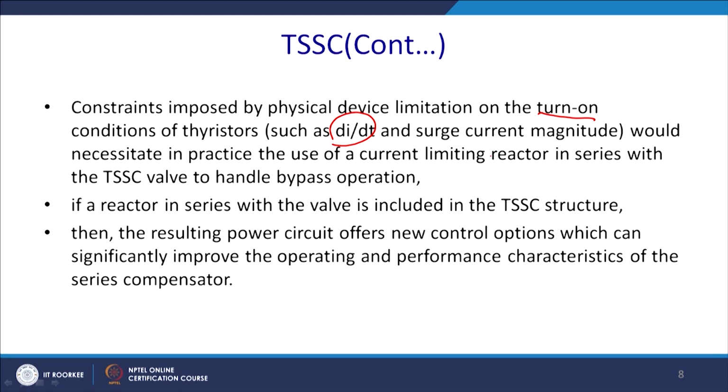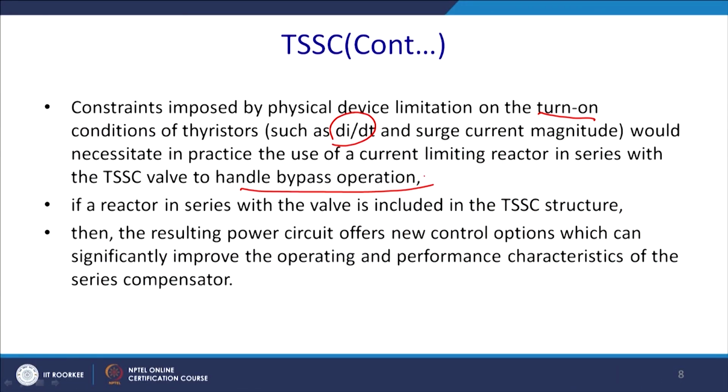For this, it is not only capacitor, there will be a current limiting device that will give you di/dt protection in series with the TCSC valve to handle the bypass operation, because if the capacitor is discharged with the thyristors, high current will flow through the thyristors with high di/dt, that may damage the thyristor.